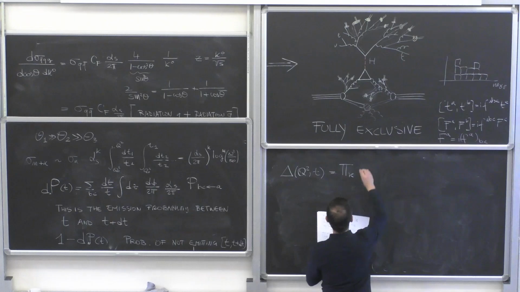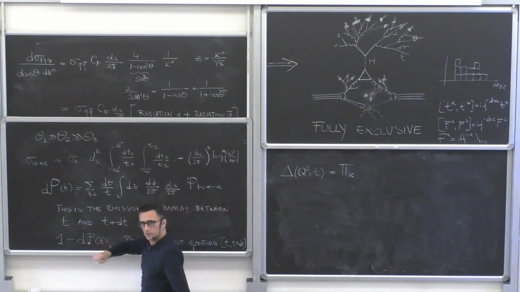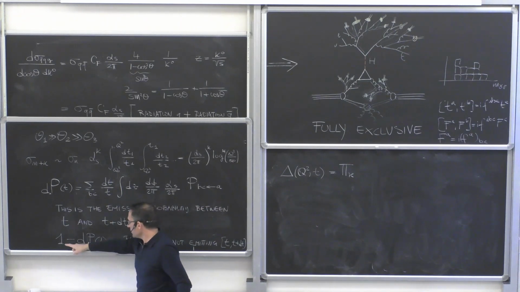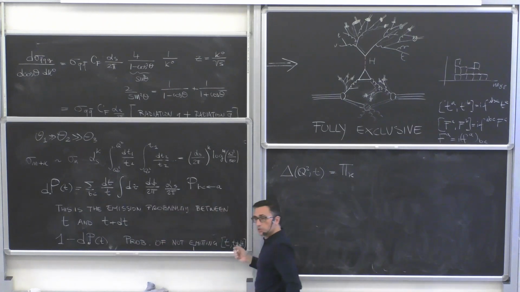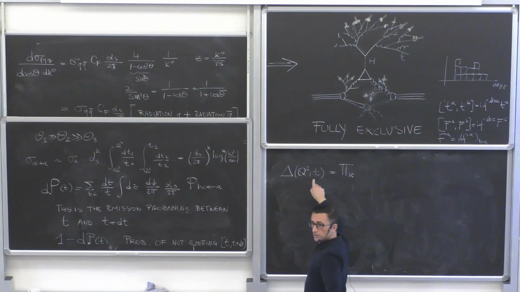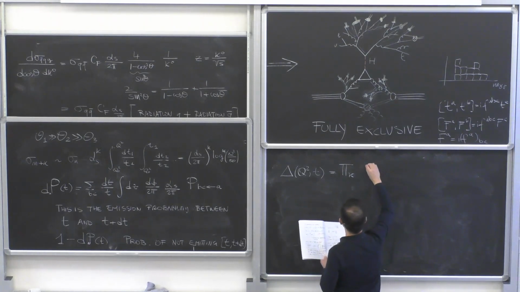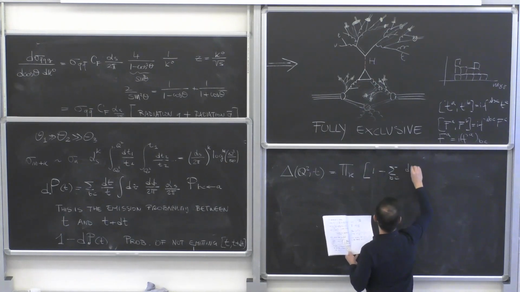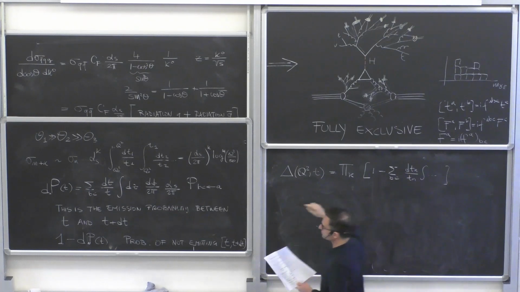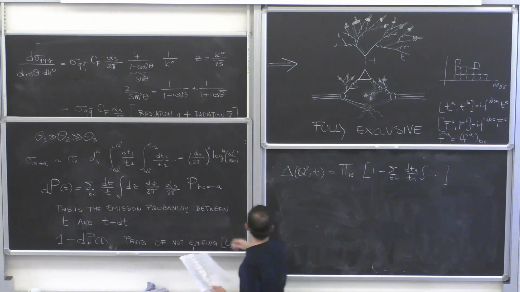A delta in a finite range will be the multiplication of this local probability of not branching n times. So I break this distance into small pieces, and each one has a probability of not branching, times the integral from before, which I'm not writing.